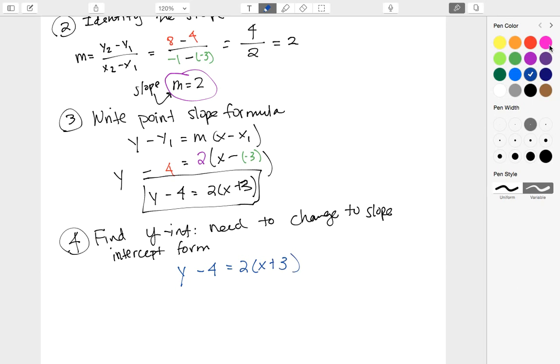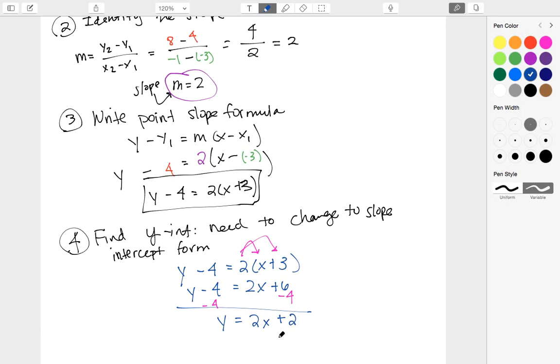And like we saw in the last example, we can go ahead and distribute this 2. And we'll get y minus 4 equals 2x plus 6. And then we can go ahead and add 4 to isolate y, we'll get 2x plus 10.